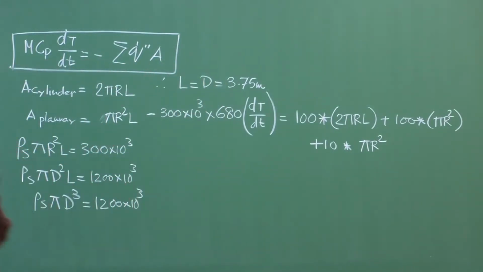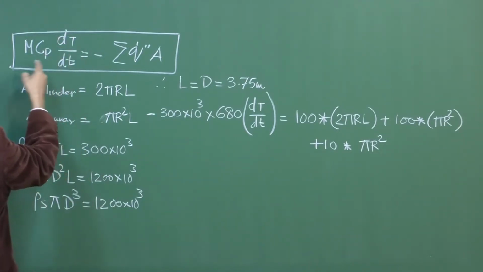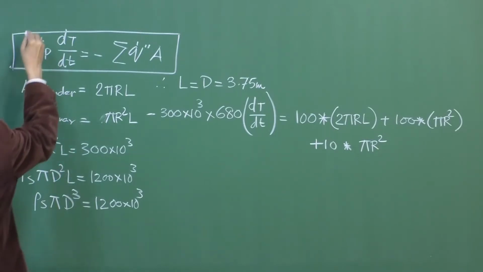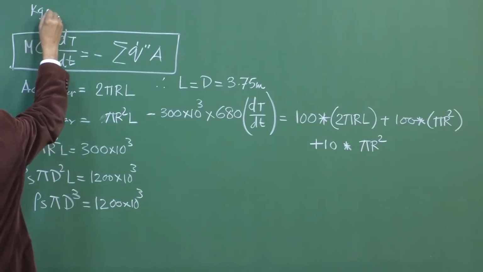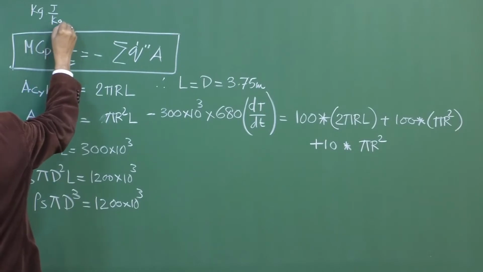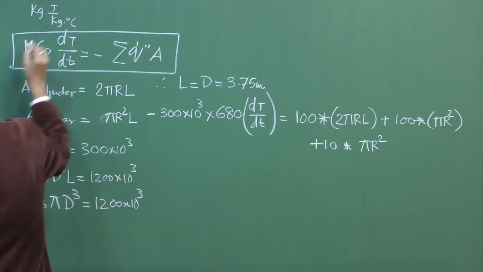So, summation of all the heat losses, that is what it is. So, this side also, if you see that this is going to be mass in kg, joules per kg per degree centigrade, that is the specific heat.